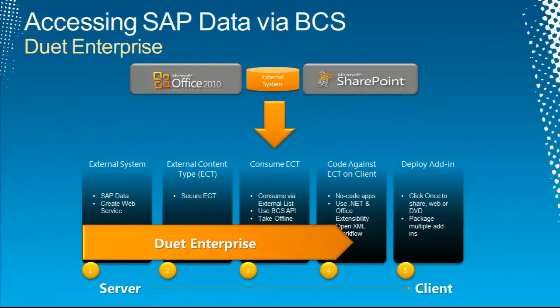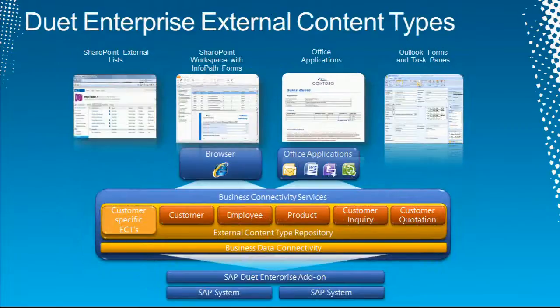Because from the Duet Enterprise side, it manages all of that securing for you. So then you can begin to just consume the ready-to-use capabilities by building on top of that with the different user experiences that you want to surface. These are the out-of-the-box ones. You can do others.